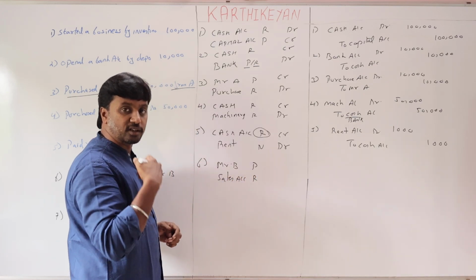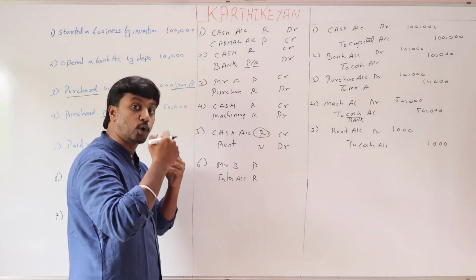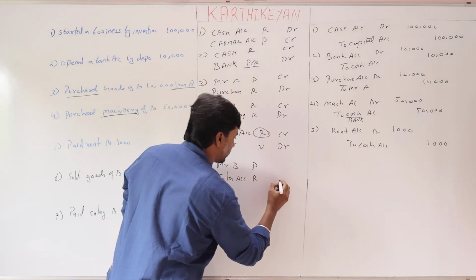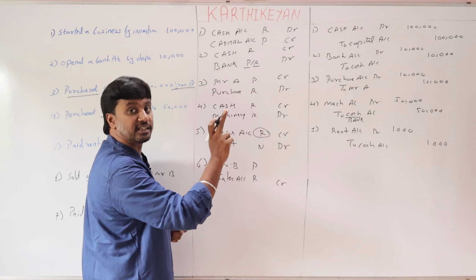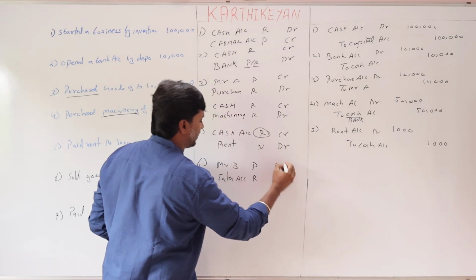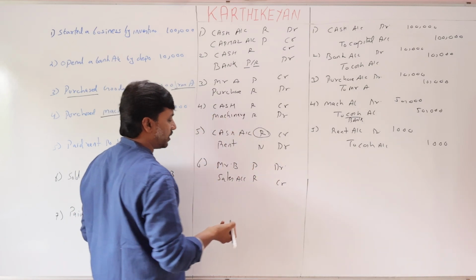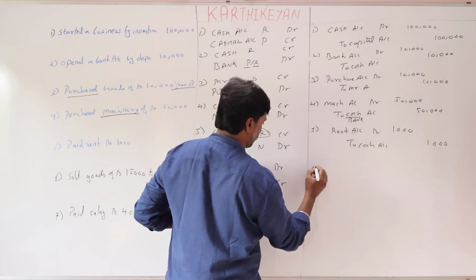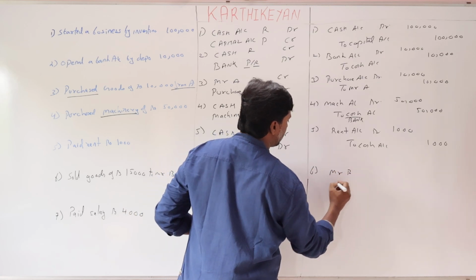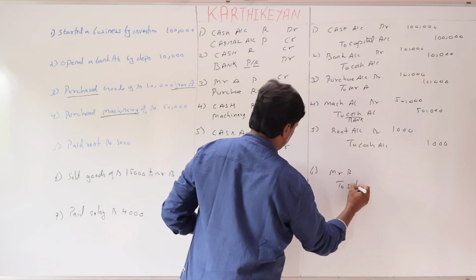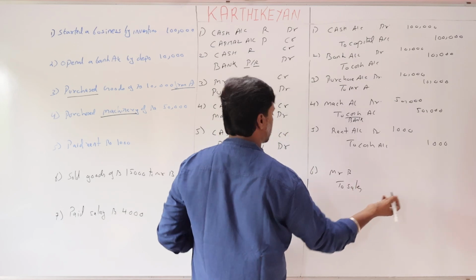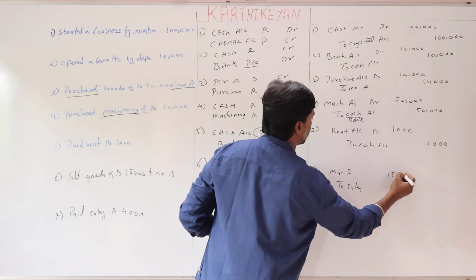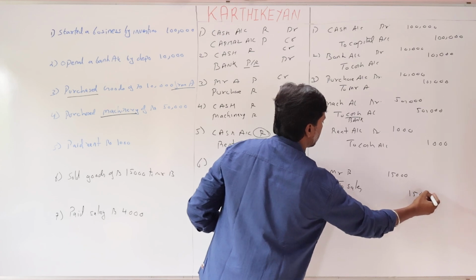Again, debit what comes in, credit what goes out. Sales, goods are going out. Credit. Mr. B is the receiver, so it will be debit. A very simple journal entry. Mr. B to sales, rupees 15,000.